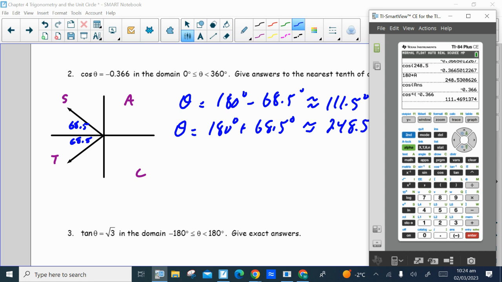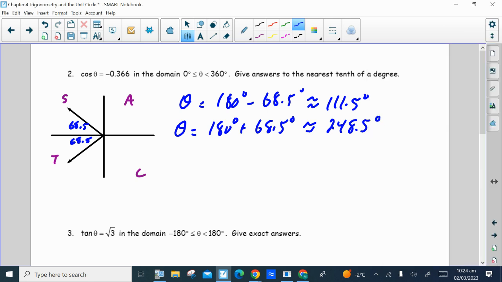But you need the reference angle in order to find the answer in the third quadrant. Not that you couldn't do it, but the calculator gives you the first rotation angle that satisfies the decimal. You need the reference angle in order to find your second angle. Okay?